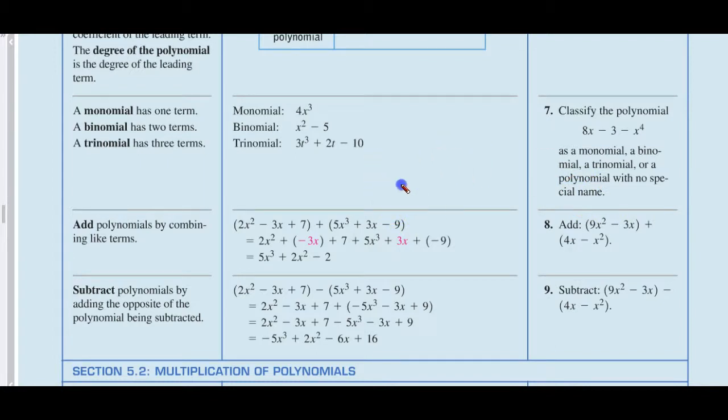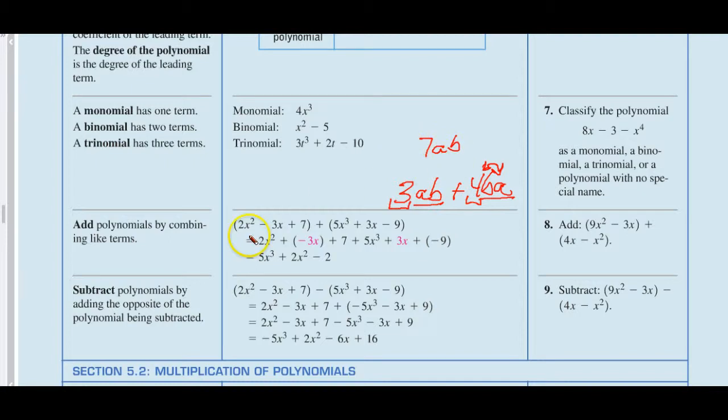So if we had 3ab plus 4ba, even though they're not exactly the same, they are in a sense, because you could switch around this order and they would be the same. So you would just add the numerical coefficients, 3 and 4, and you get 7ab.